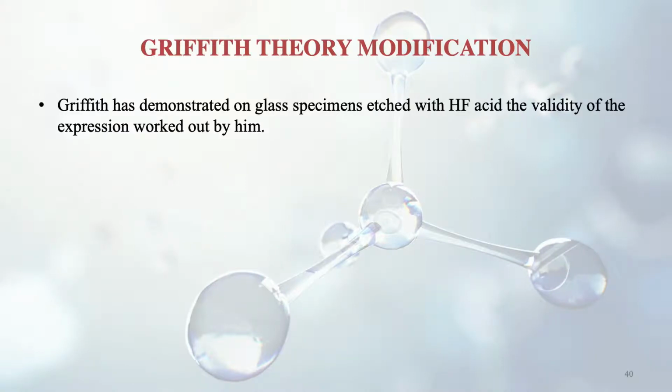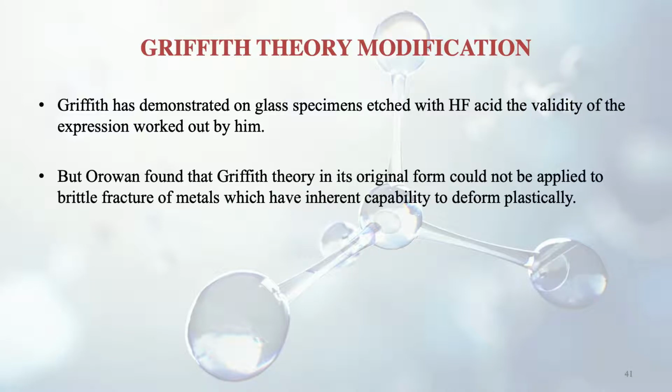Then there will be a modification in Griffith theory also. Griffith demonstrated, on certain glass specimens which were etched with hydrofluoric acid, the validity of the expression which was worked out by him. But then one more scientist, Orowan, found that the Griffith theory in its original form could not be applied to brittle fracture of metals. Why? Because they have inherent capability to deform plastically.